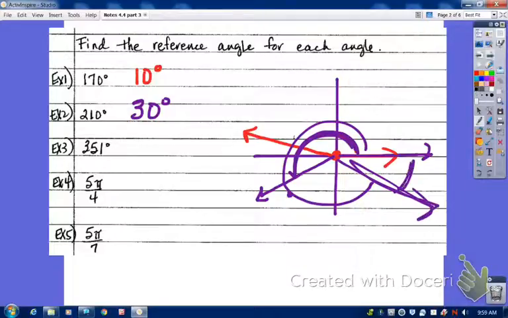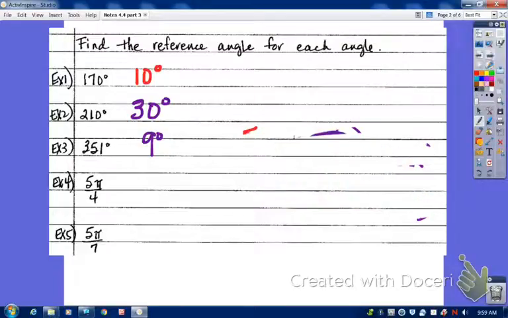Okay, so it would be quicker to go back here. So how many degrees would it be? That would be rotating all the way back to 360. So how many degrees are you from 360? 9 degrees. All right, so this angle is 9 degrees from the x-axis. The x-axis is your reference point, or your reference line. Okay, questions about 1, 2, and 3? Those are all in degrees.